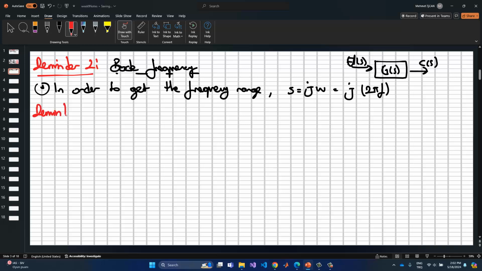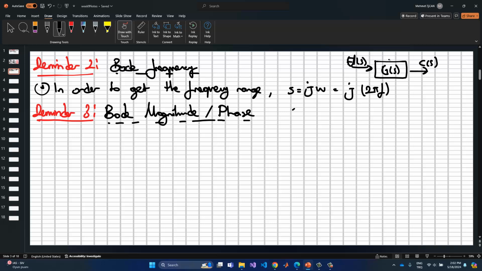And so we need to give reminder three here, just like this one. We need to calculate the Bode magnitude and phase, right? Because if we have any frequency signals applied to G(s), some of the signals are amplified, but some are not, or some pass, some are stopped.